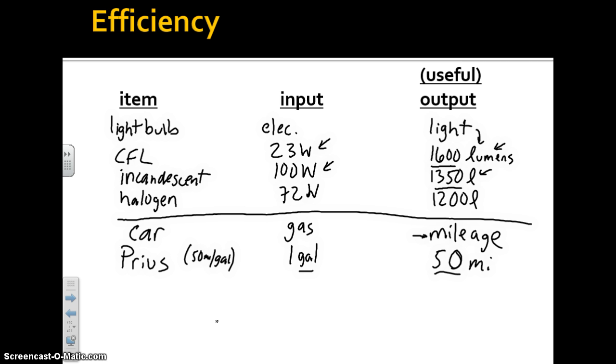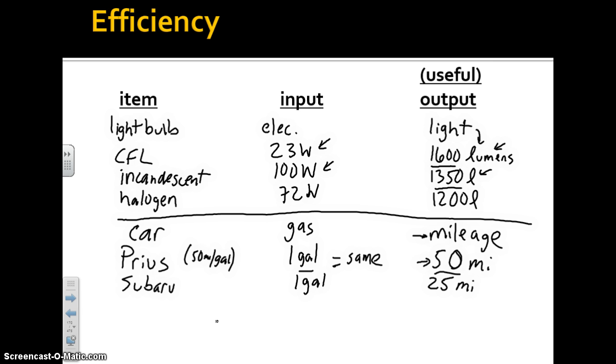Now you look at a Subaru. On the highway, 1 gallon will get you around 25 miles. So what do we have here? We have the same input, and with the Prius we're getting a greater output. Again, more output, same input.